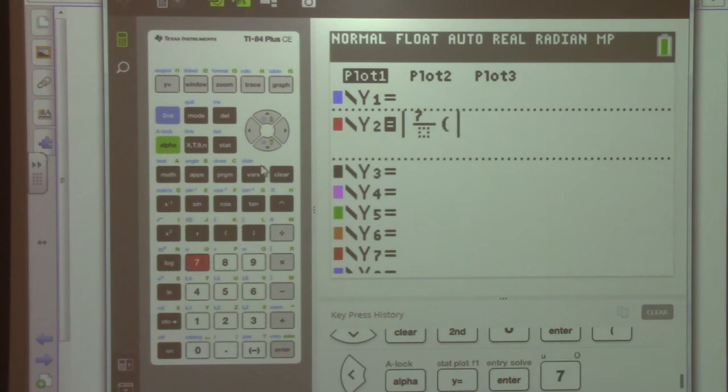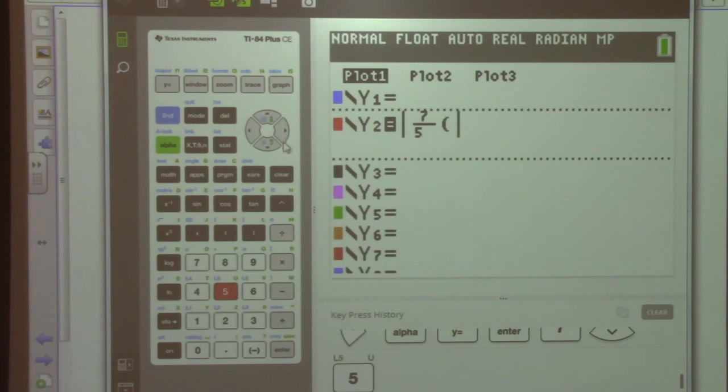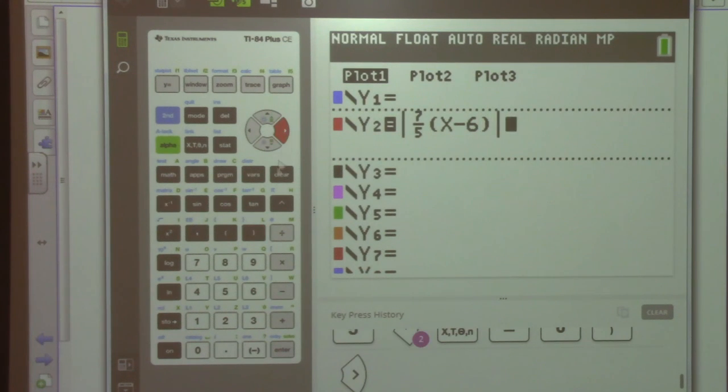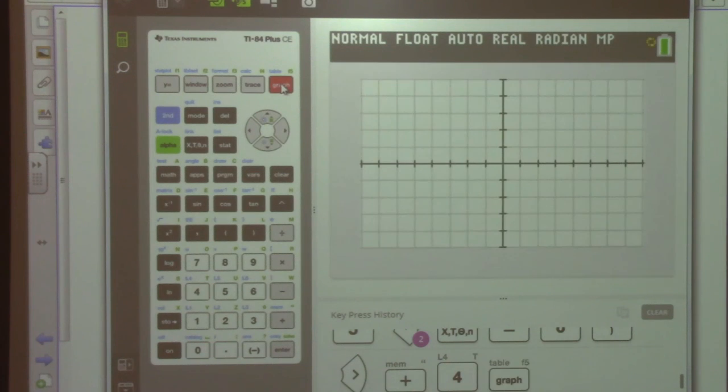Seven-fifths. Is it x minus 6? Yes. Plus 4. Then you should be able to see it, I hope. Does that look right? Yes. Yeah. So that's 6, 4.